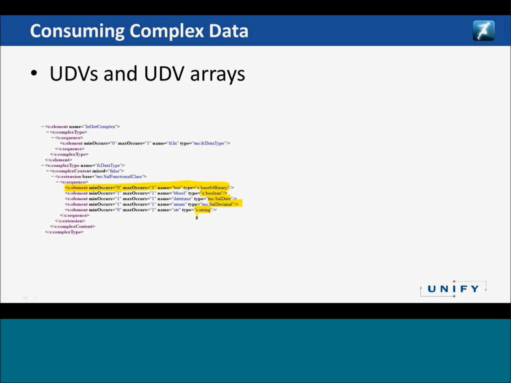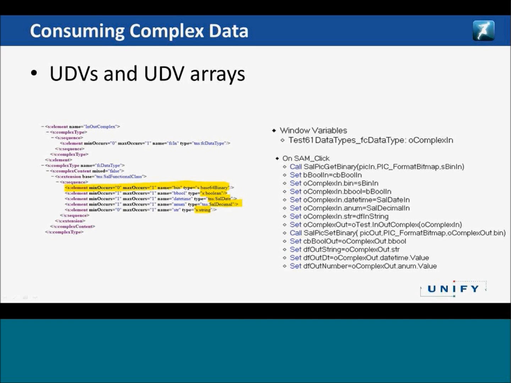A number of things are being passed in a UDV in this example here. And what you do is create an instance variable of that UDV, and then you set the single values of the UDV members, and this line here basically calls the web service, and then after that you retrieve the values from the web service. That's how you'd handle complex data types, UDVs.